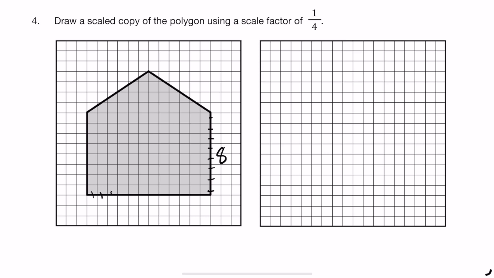Base 1, 2, 3, 4, 5, 6, 7, 8, 9, 10, 11, 12. This is also going to be 8. And then for this at the top, it gets a little bit trickier. So this is 4 units. Okay, and I think that's really all we're going to need.